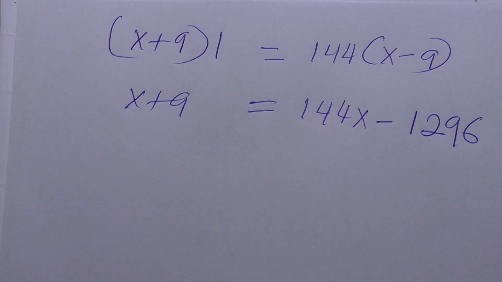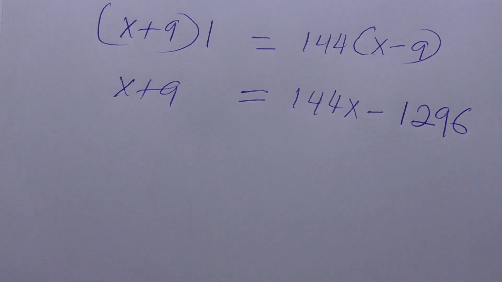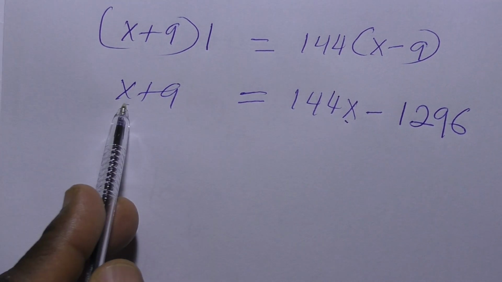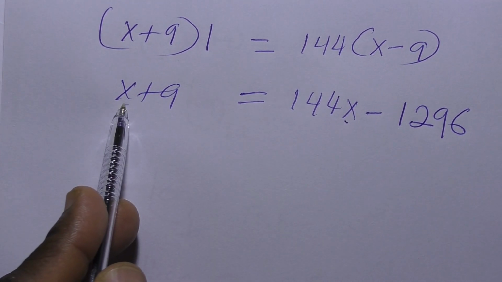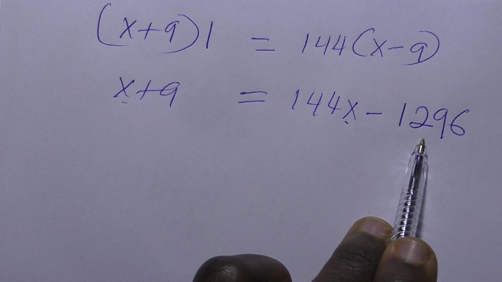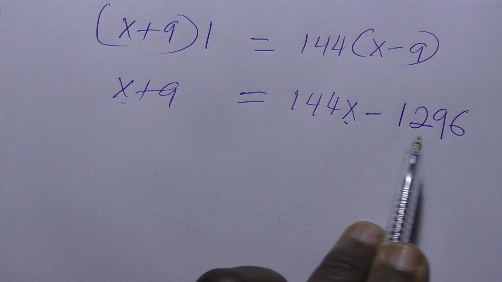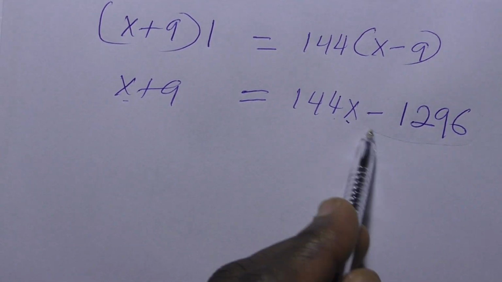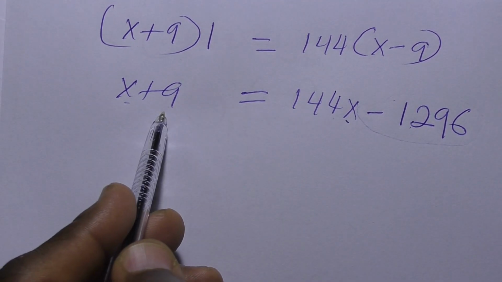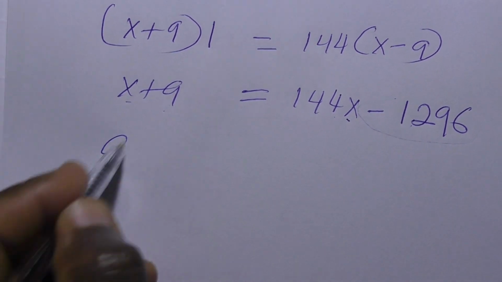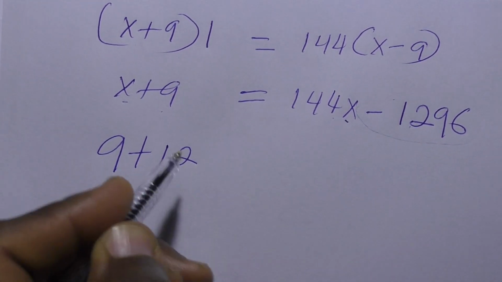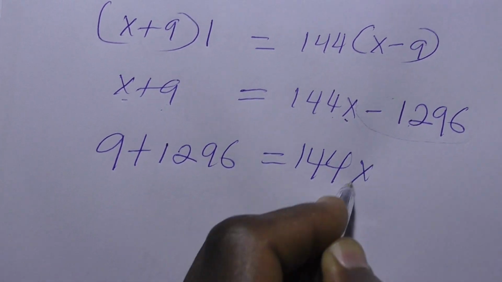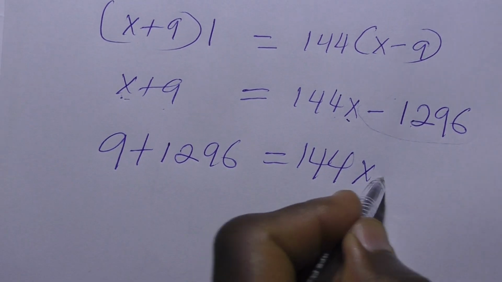We collect like terms, whereby the x terms will go to one side and the constants to the other side. Since we have this negative, we carry it to the other side to become a positive, thereby giving us 9 plus 1296 equaling to 144x. This is a positive, becomes a negative.